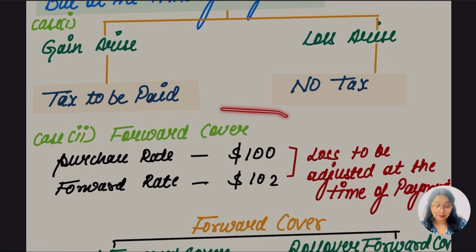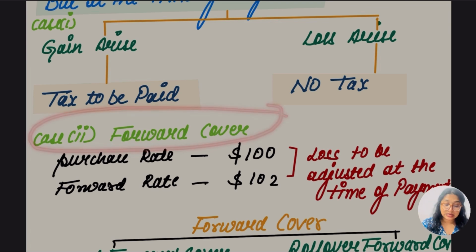But what happens if it was done in forward cover? We know what this is now. We have read it in SFM and all, and we have done the treatment there also. What if the second scenario says it is done in forward cover?